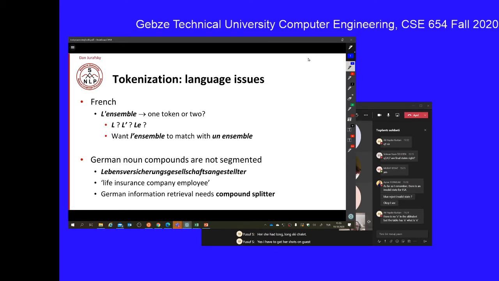I can't read it. I think Lebens is a word. Versicherung is a word. Gesellschaft is a word. Angestellte. I think 1, 2, 3, 4 words in there, and there is no space between them. Again, tokenization will not work with this one. Doesn't work.